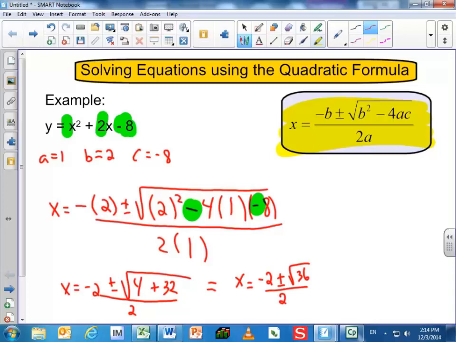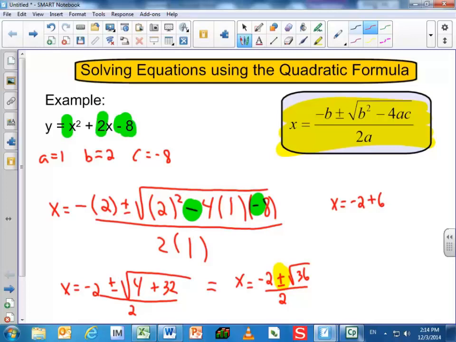Now that doesn't look too bad, but some of you will see that plus minus and not understand what you're supposed to do with that. Well, the plus minus says we're going to work this equation twice. The first time we work this equation, we get x equals -2 plus the square root of 36.